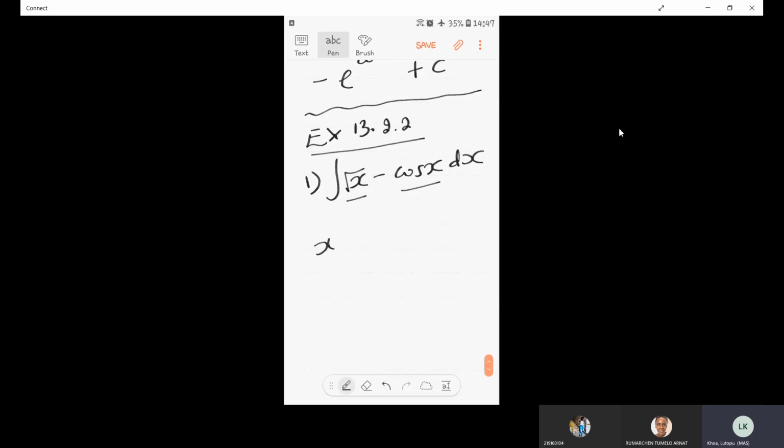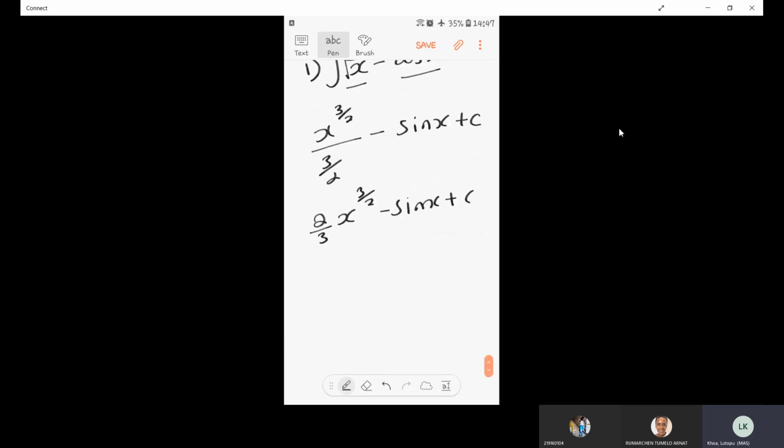So this is x to the power of 3 over 2 over 3 over 2, minus the integral of cos x, which is sine x, and then you add a constant. So this is 2 over 3 x to the power of 3 over 2 minus sine x plus c.